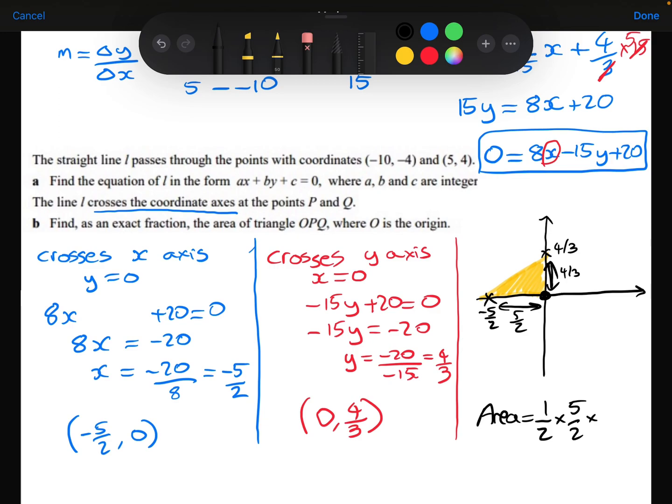So a half times 5 over 2 times 4 over 3 is going to be 20 over 12, which will simplify a little bit to be 5 over 3, and that's the area of that triangle.